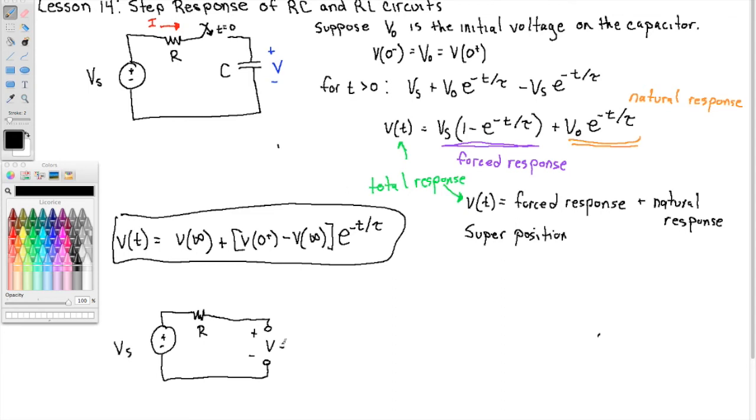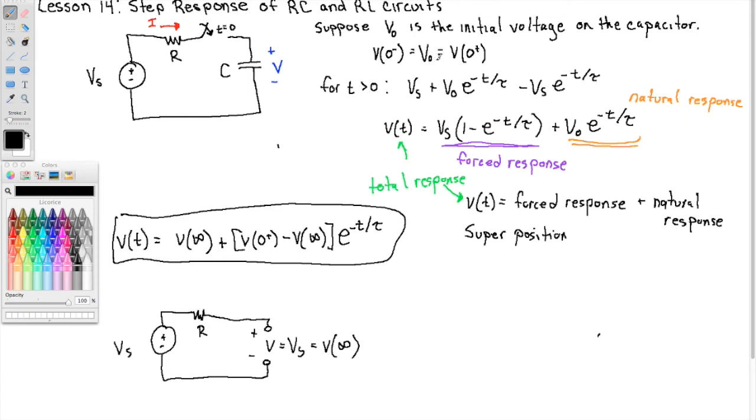So this voltage is Vs. And again, this is V of infinity, right after the switch, and we've waited a long time for the natural response to die down. Vs. Now, the voltage at 0 plus, we already said that's the initial voltage here, V0.